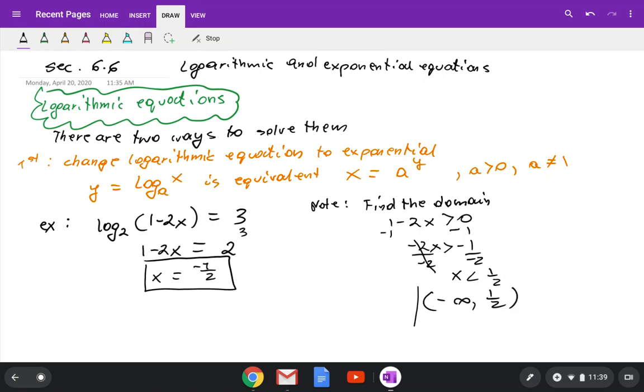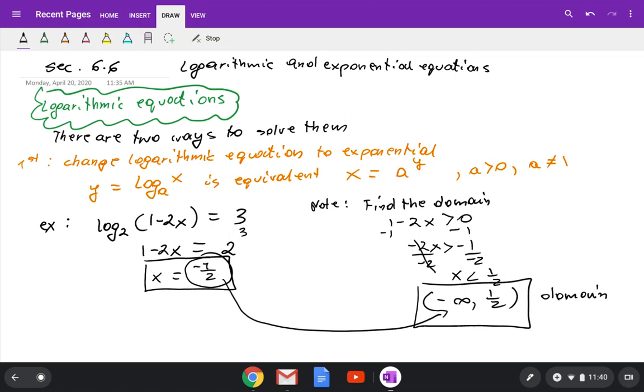Why is this important? Because when you find the domain and you're solving a logarithmic equation, as I talked about in previous lectures, you sometimes have extraneous solutions, which are fake solutions. So you need to check if negative 7 over 2 is inside of the domain, which definitely yes. So we always find the domain to avoid the extraneous solutions.